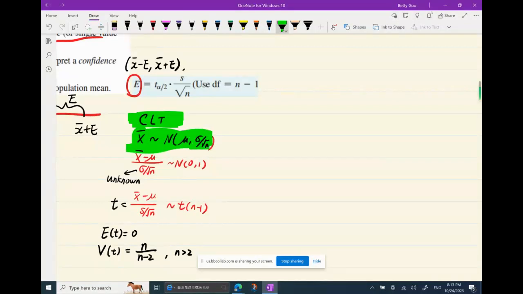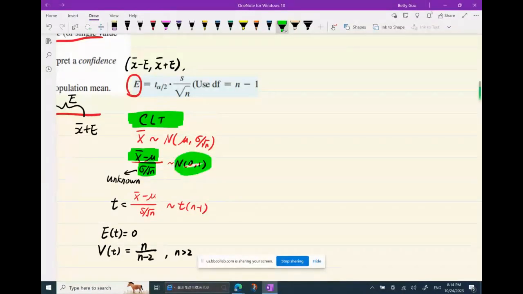You remember that, right? So if x bar is normally distributed, and if we standardize x bar like this, subtract mu from x bar and then divide the difference by the standard deviation, we would have a z distribution.